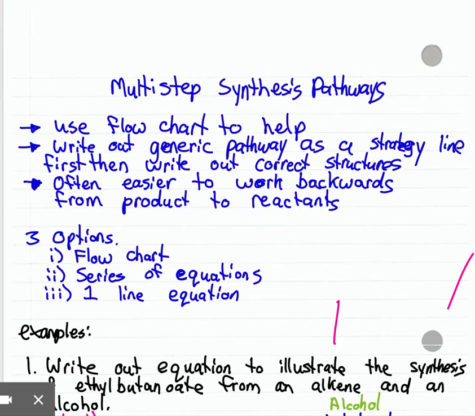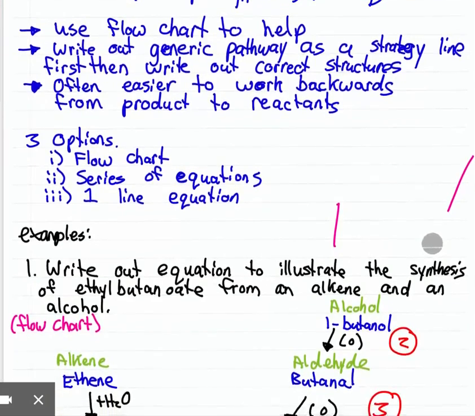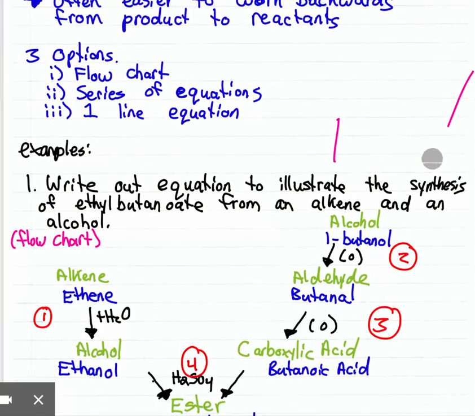So the best way for me to show you these, we're going to do a couple examples. In our first example, again, you're probably going to either listen to what I say and then hit pause and copy, or the other way around. But in our first example, this is a flowchart.